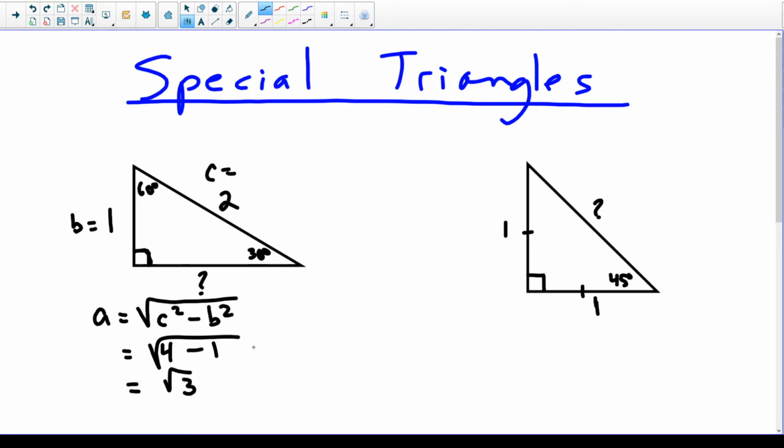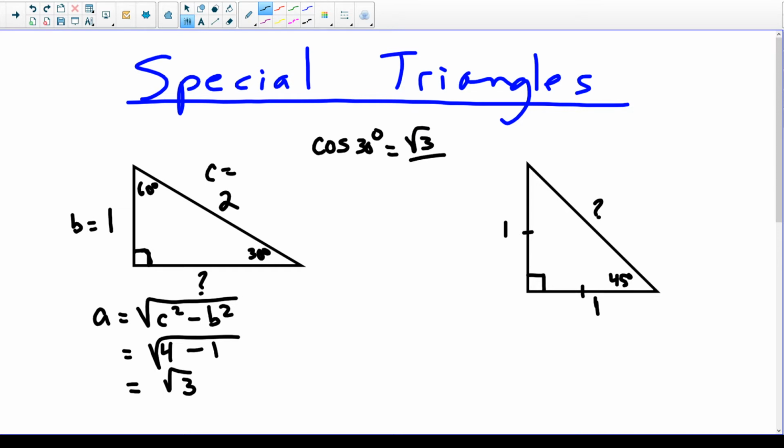All right? So what I want to do now is talk about the cosine and the sine of both 30 degrees and 60 degrees. So let's actually start with 30 degrees. What would be the cosine of 30 degrees? Well, the cosine is the adjacent over the hypotenuse. The adjacent side is this root 3.